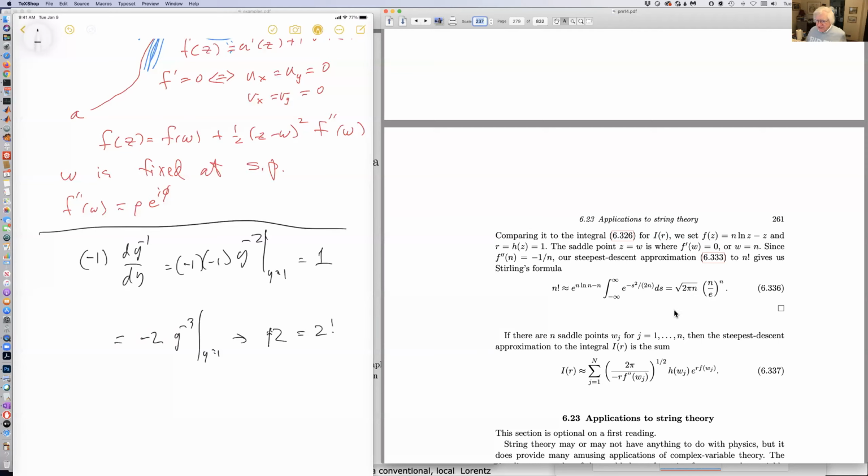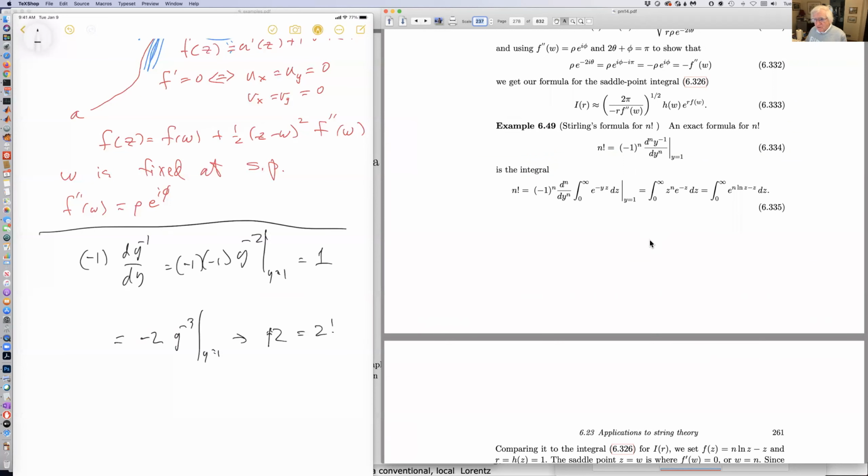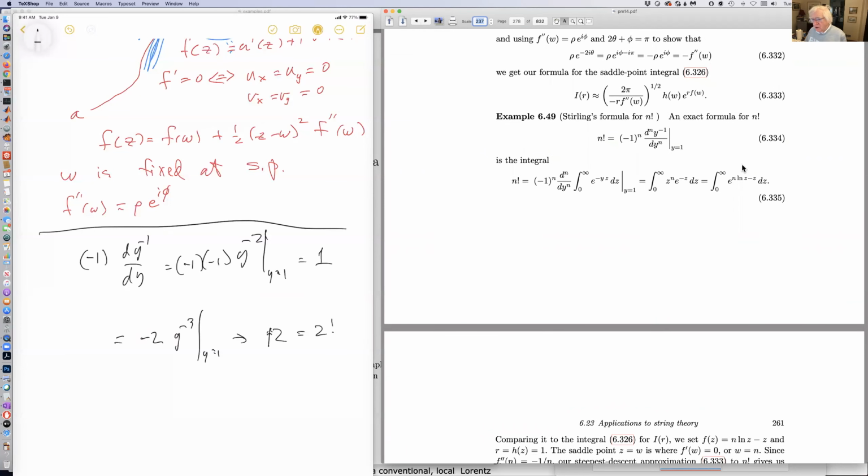So that's how one derives Stirling's formula, which, as I said, is remarkably accurate for large values of n. And why is it so accurate? We need large values of n so that we can ignore everything except the saddle point and the Gaussian over the saddle point.